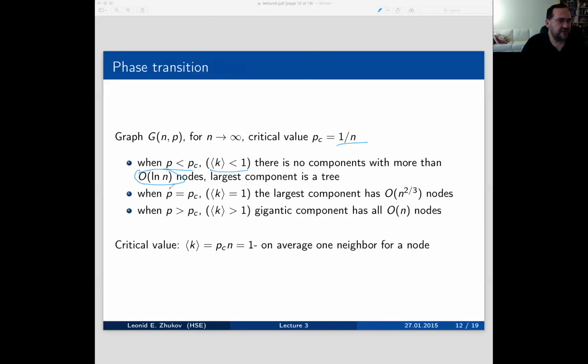So it's a logarithmic number of nodes in a component. We haven't shown that, but this can be calculated, and it was done by Erdos-Renyi. When we hit the critical point, k equal to 1, the largest component is of the order of n to the power 2/3 nodes. And when p is greater than critical, which means on average every node has more than one neighbor, pretty much every node will be in the gigantic connected component. So that's what we saw.